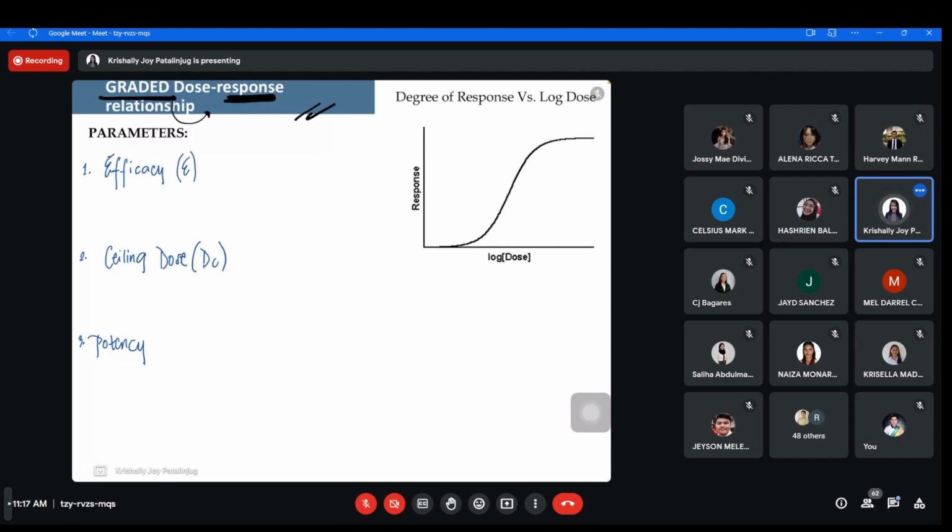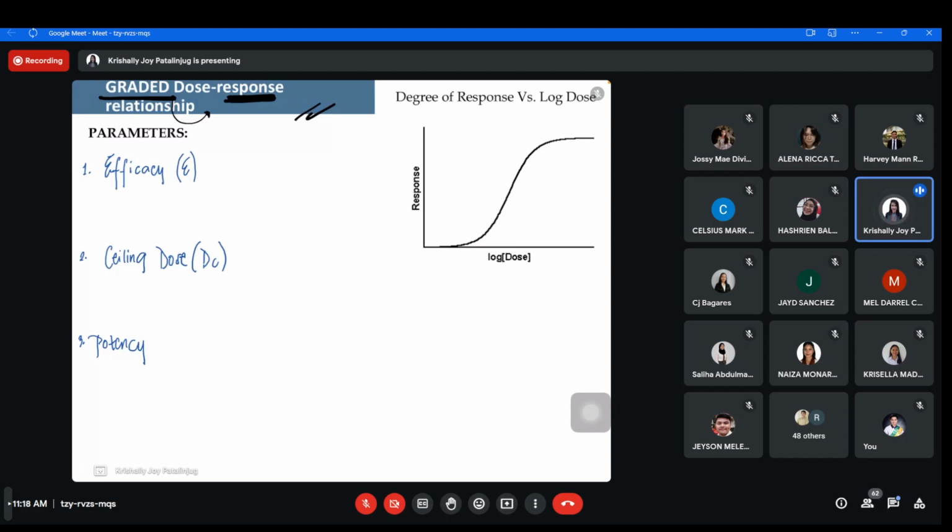So between the two, graded and quantal, the graded dose response is very commonly used in pharmacology. Usually the quantal is used only when a population is being observed for their effect, or their outcome upon receiving that drug.